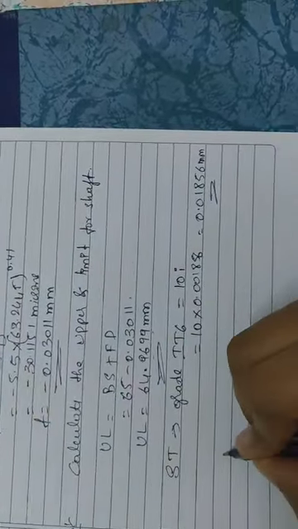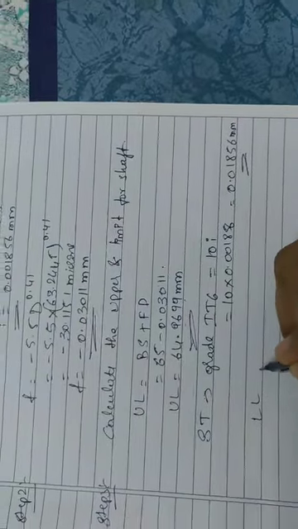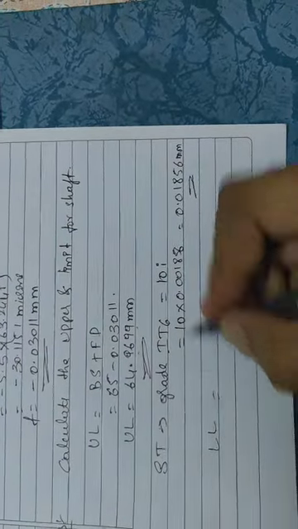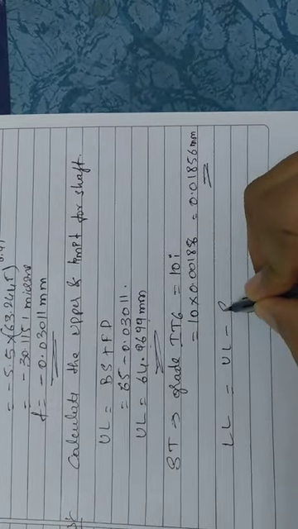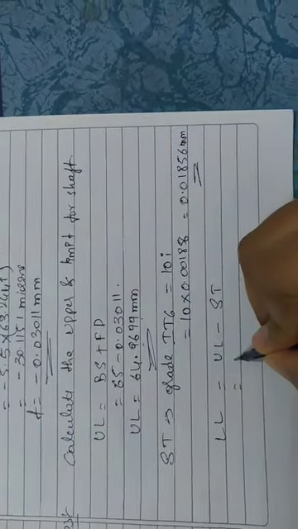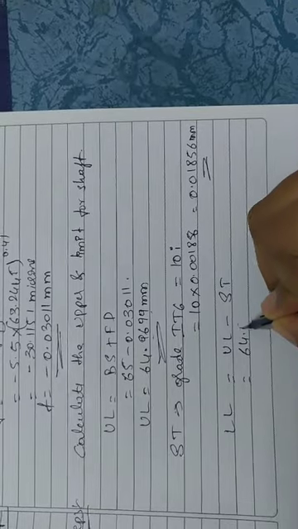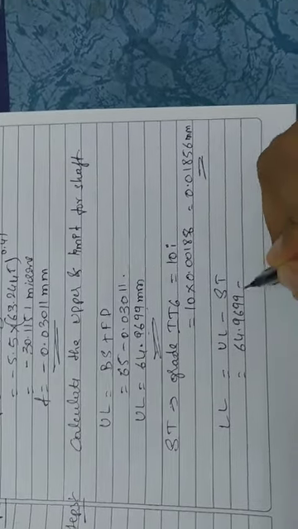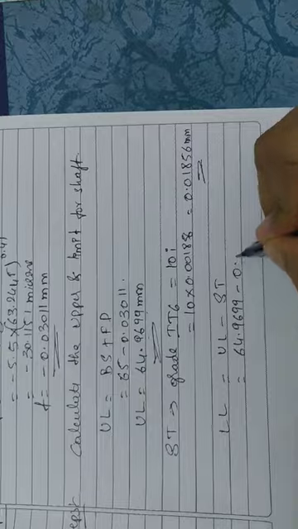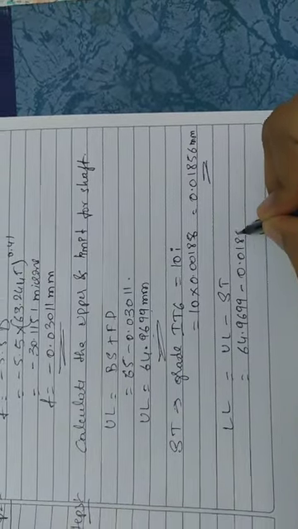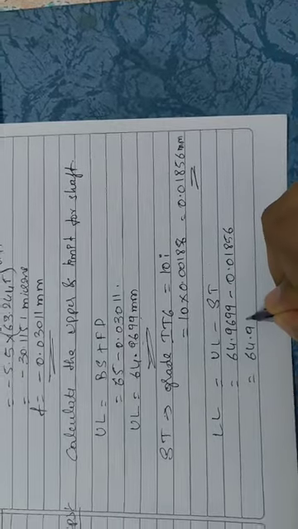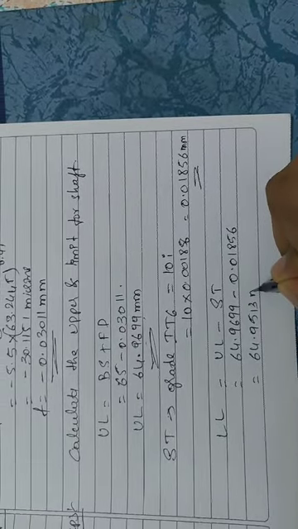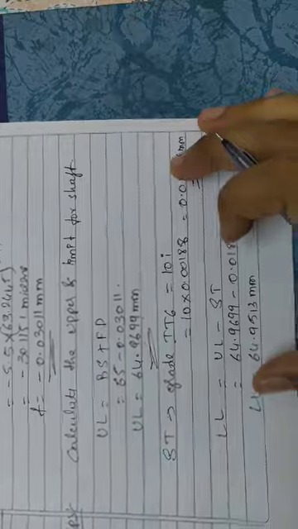Finally we calculate the lower limit. The lower limit formula is upper limit minus standard tolerance. So 64.9699 minus 0.01856 gives the final value 64.9513 mm. This is the lower limit value.